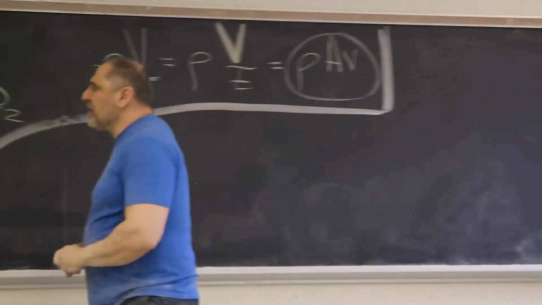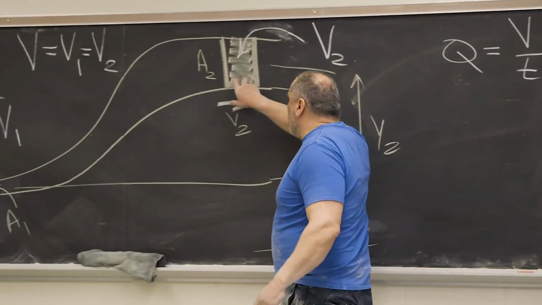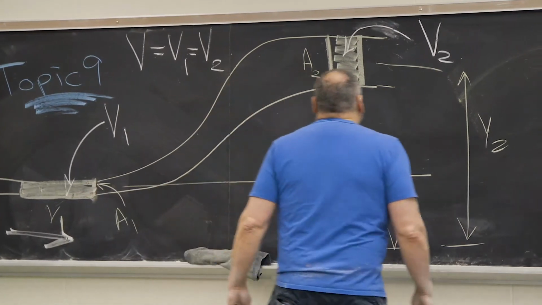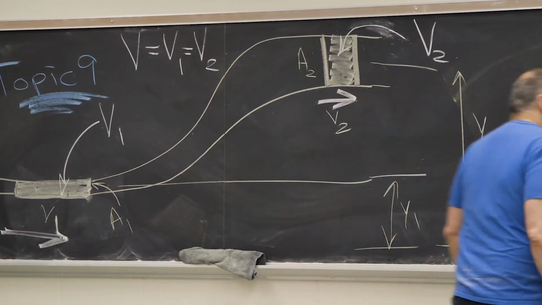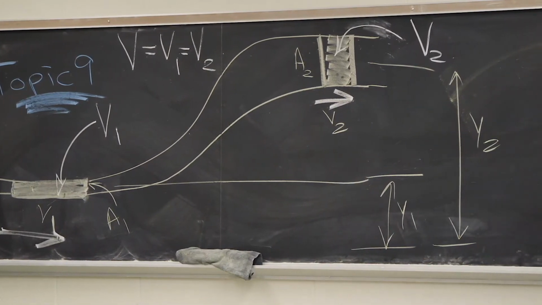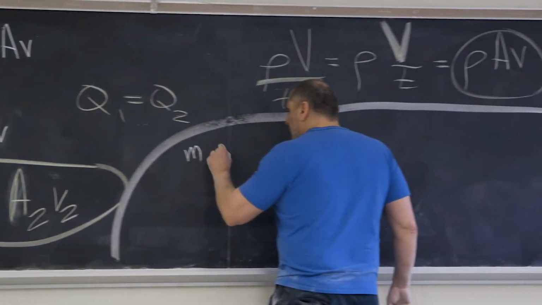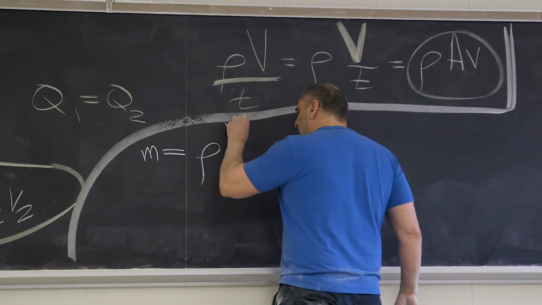This mass parcel here is identical to this mass parcel there. The volume is the same and the mass is the same. The mass is rho times V.